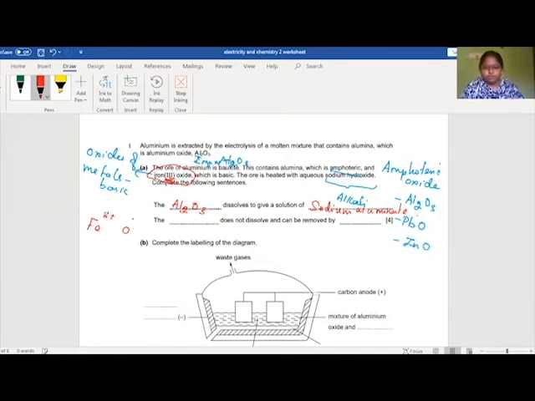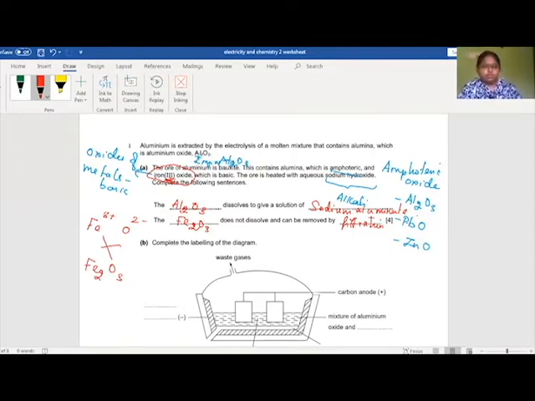Oxygen is 2 minus, since it is a sixth group element, right? So by crisscross, you can find the formula Fe2O3, right? Iron(III) oxide, Fe2O3, does not dissolve, and it can be removed by filtration. If something does not dissolve, you can remove it by filtration, right?